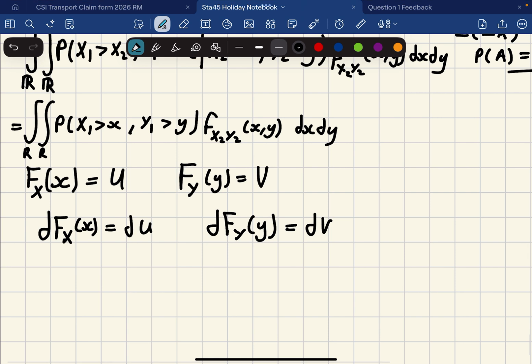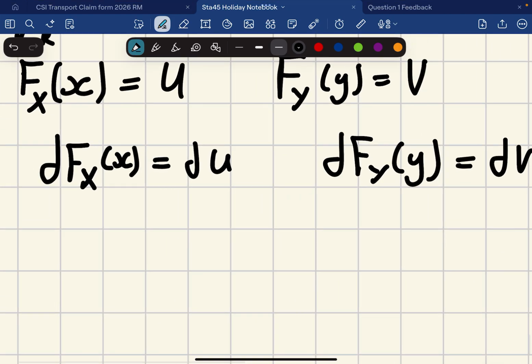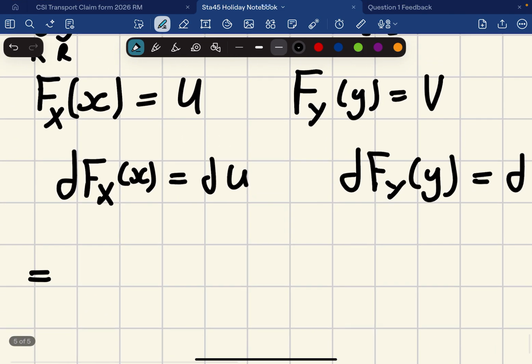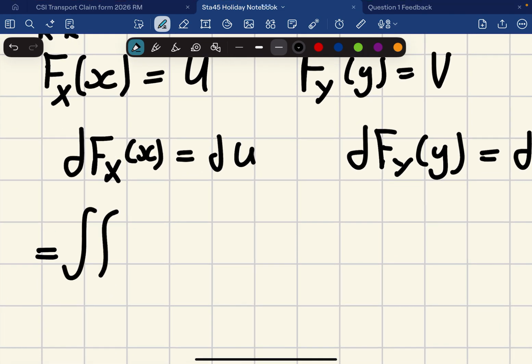Understand? So we can now proceed by substituting copula notation in this whole thing.